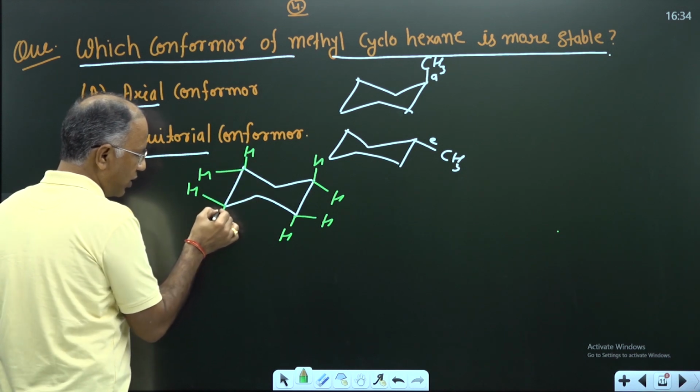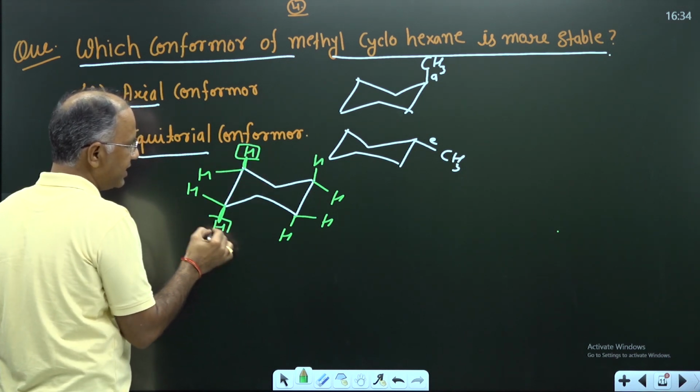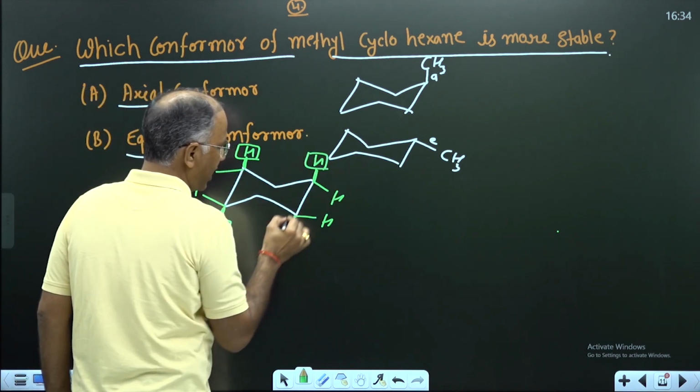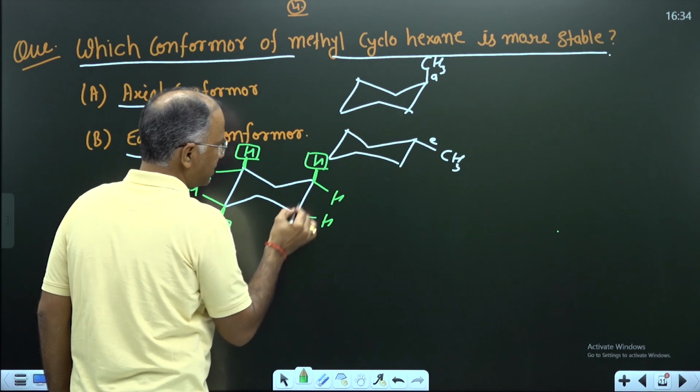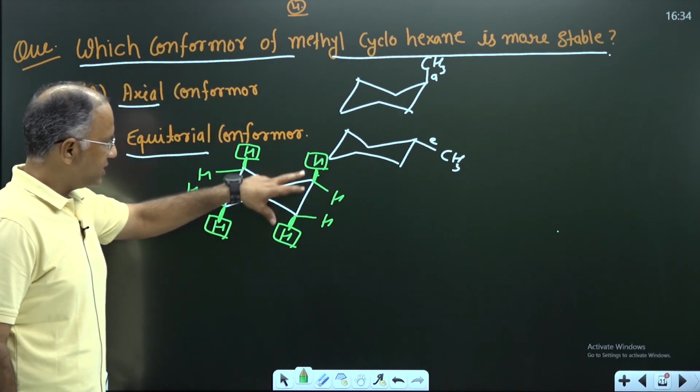If you watch this bond, these hydrogens are at anti-position, which means basically it is a staggered conformer. Similarly, in this case, these hydrogens are at anti-position. This is also a staggered conformer. This is staggered, this is staggered.